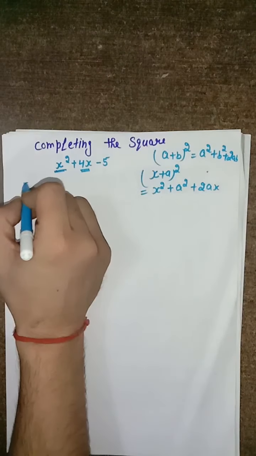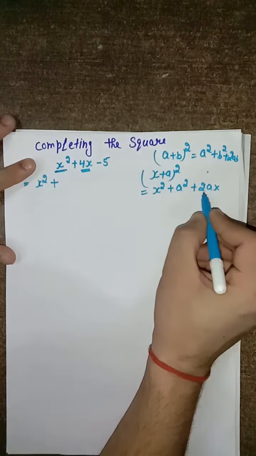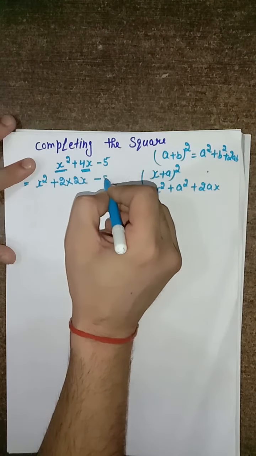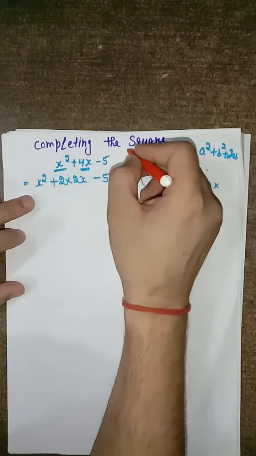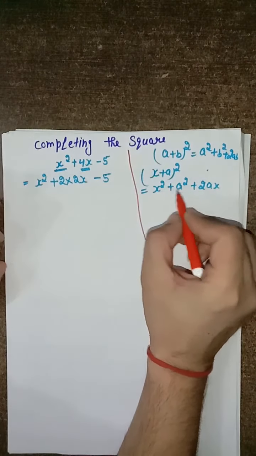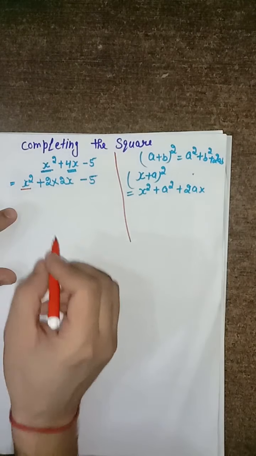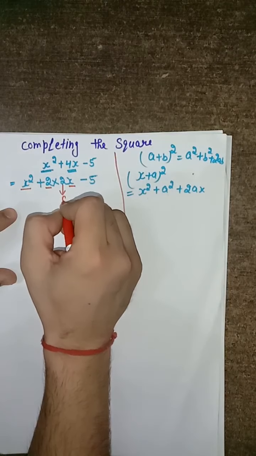If we write this as x square plus 2 into 2x minus 5. Now if I compare this with x square plus a square plus 2ax, this is my x square, this is my 2, this is x, and this is my a.